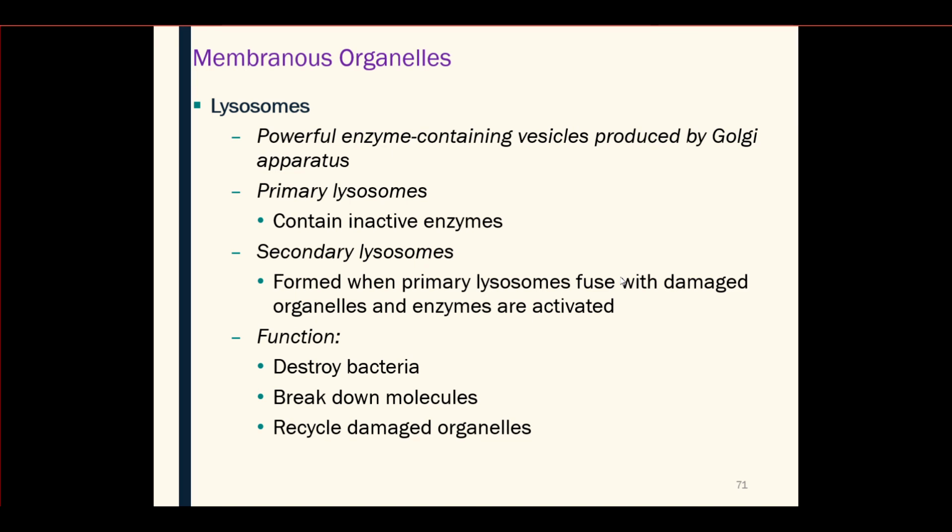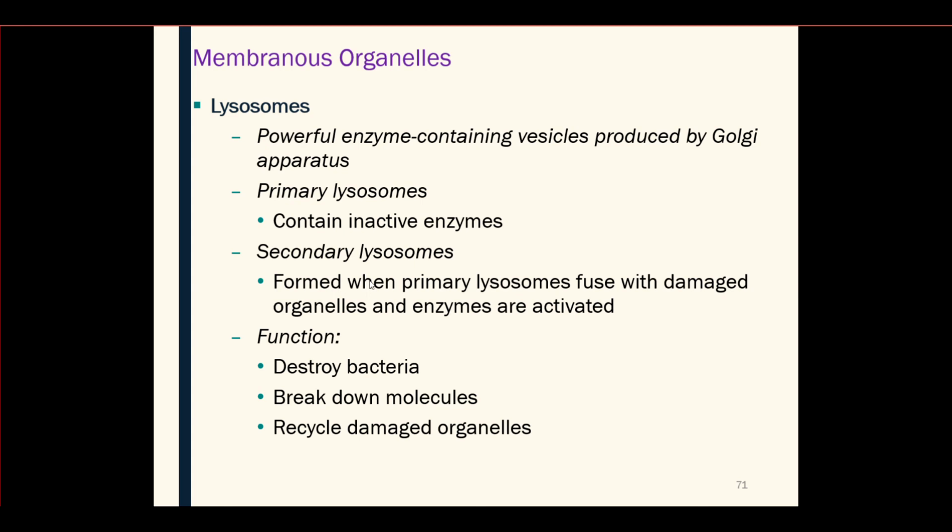So that's where they're made. Now, when a lysosome is made and it's not doing anything, it's just kind of hanging out in the cell, we call it a primary lysosome. Right? It contains inactive enzymes. Right? So it's known as a primary lysosome. But if we activate the lysosome to break something down, then we're going to change the name to a secondary lysosome, right?